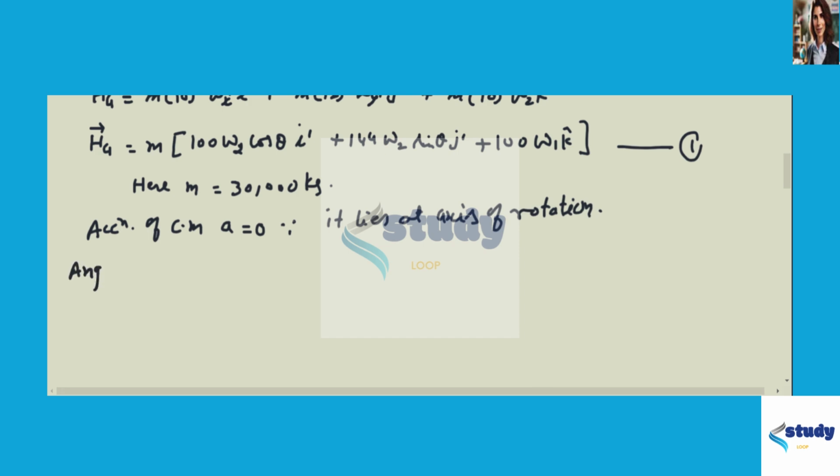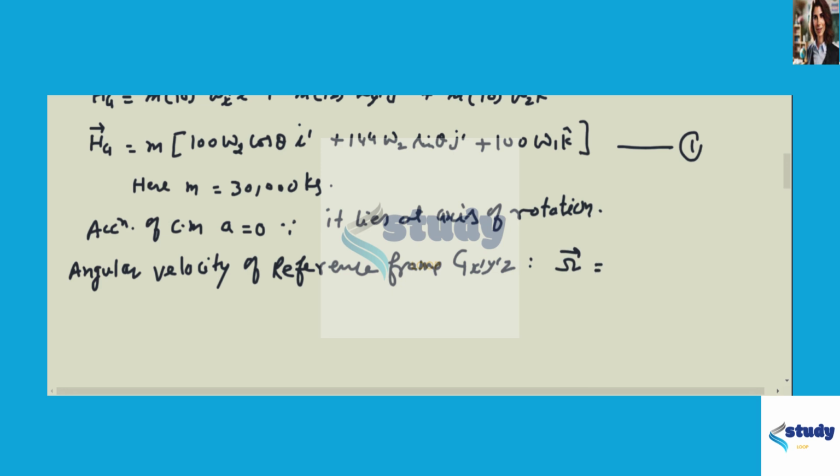The angular velocity of the reference frame G x dash y dash z dash is omega. Now substitute the value here.